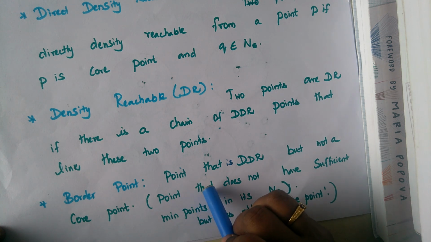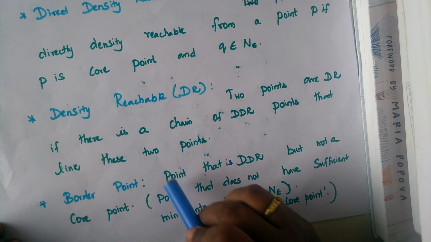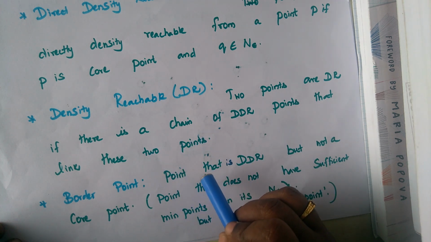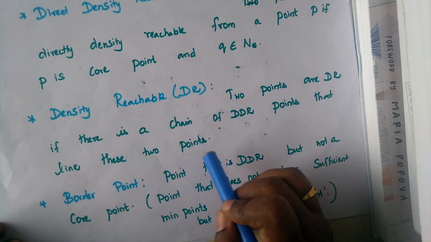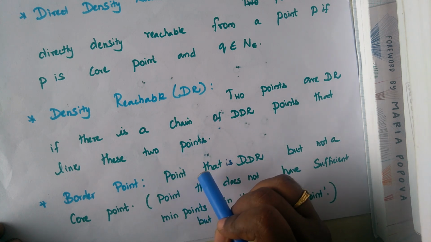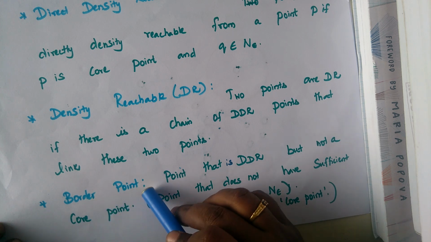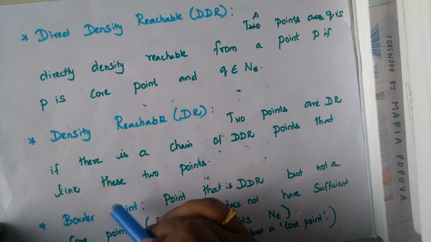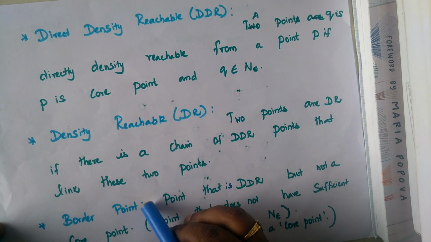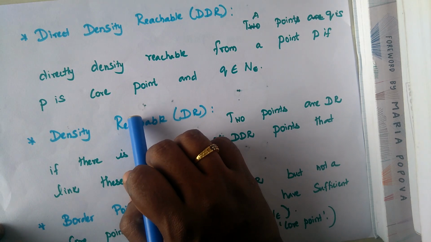So we said min point is 4. Let's say the border point, including itself, has only 3 points in its epsilon neighborhood. Then it can't be called a core point, but it can be called a border point. But still the directly density reachable points and density reachable points of border points can be pulled into the clusters of the core points.